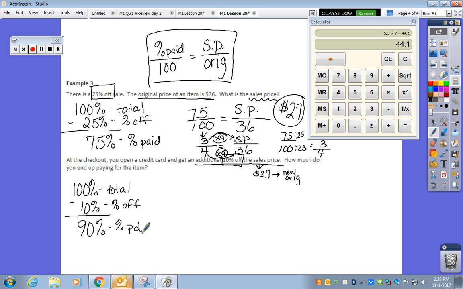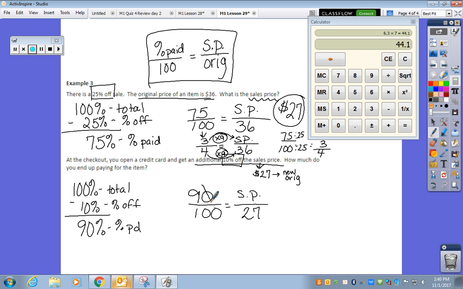So when I go to set up, my 90% is going to go over that 100. I'm looking to find my new sales price, or how much I'll be paying for it now that I'm having another discount taken off of it. And my 27 is going to be the new original, or the one that I'm using to find my new sales price. To do this, I'm going to simplify.